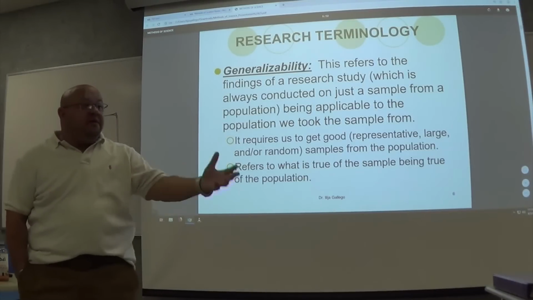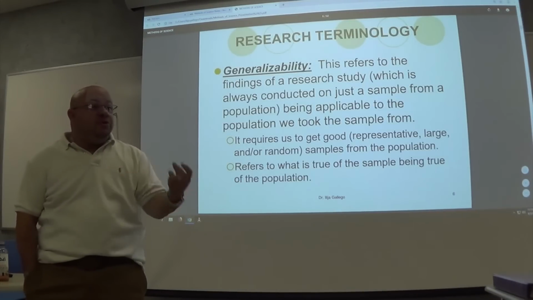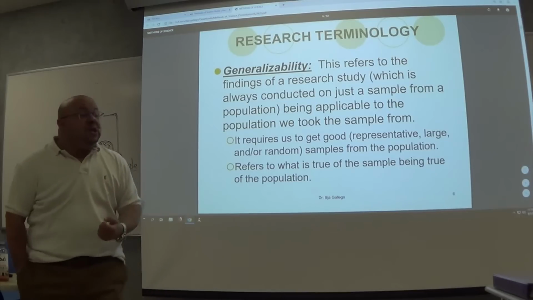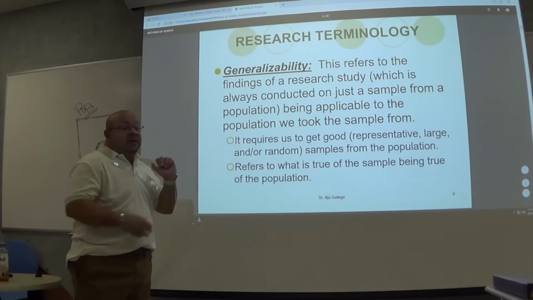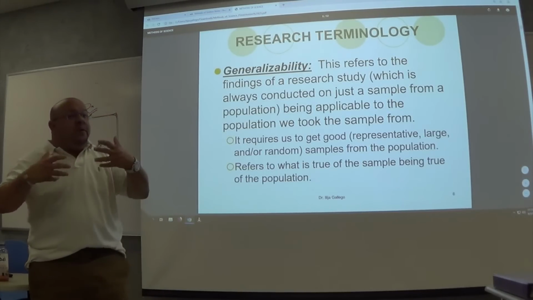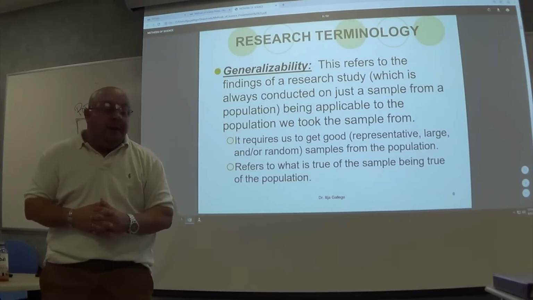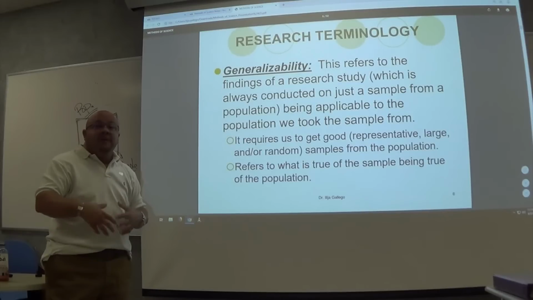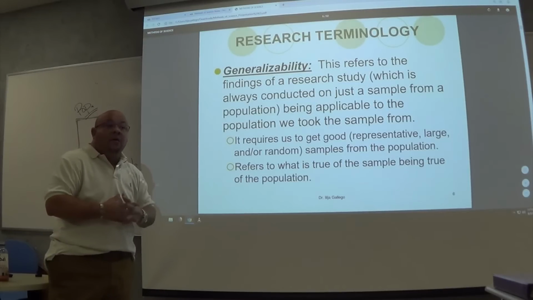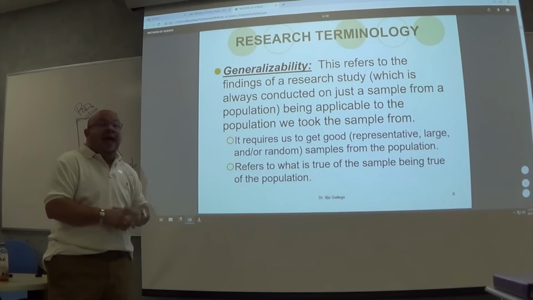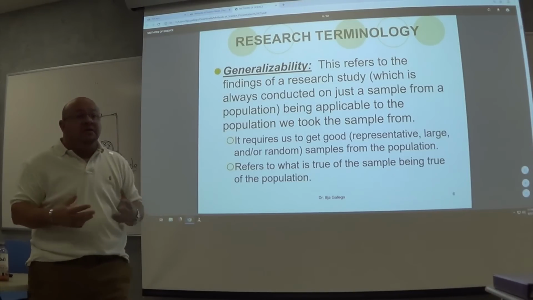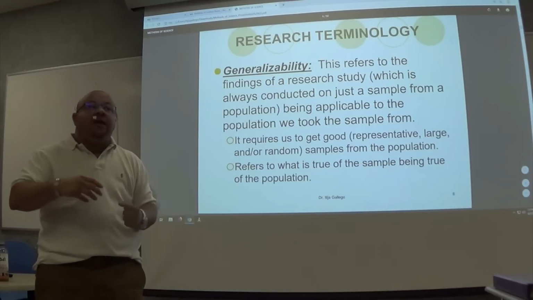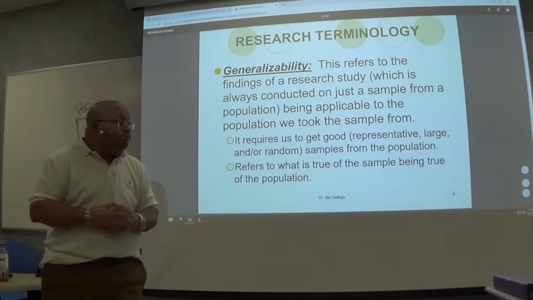In other words, that we can say what's true of the sample is true of the population. So sometimes we lack generalizability, or we fear that we might lack generalizability. And when that's the case, there are certain things we can do to make sure that our results are true and not lacking in generalizability. Okay? So we're going to talk about some of those a little bit today, but mostly in the next lecture.